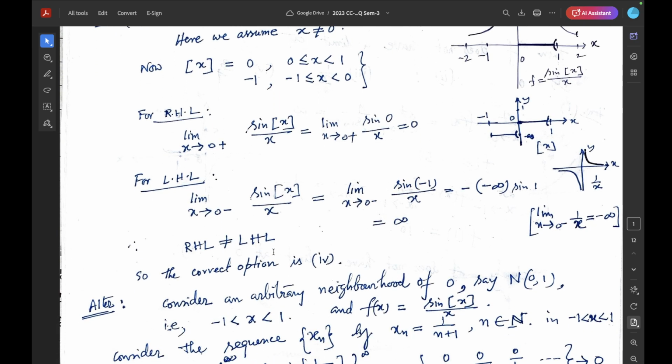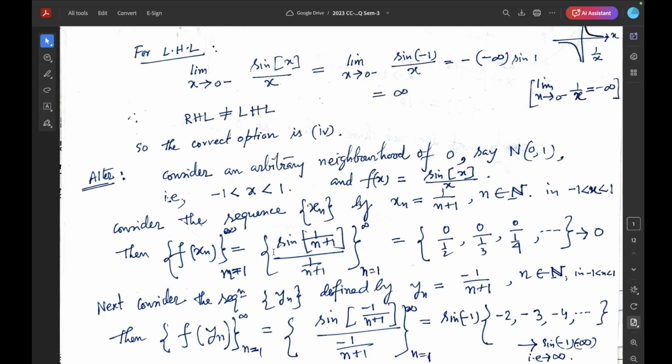So the right hand limit is not equal to the left hand limit. Correct option is 4.